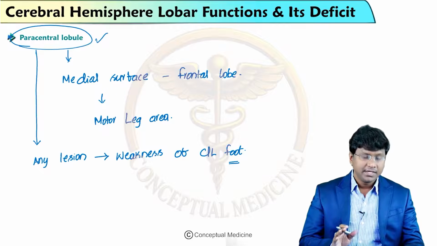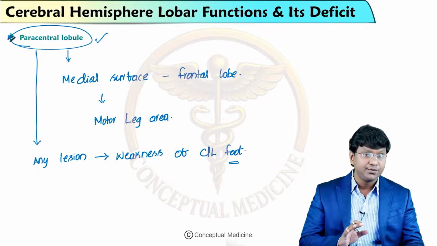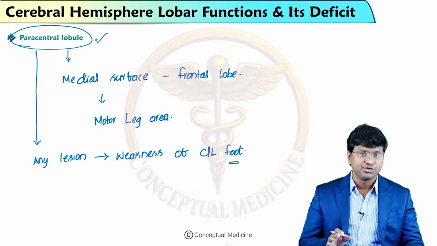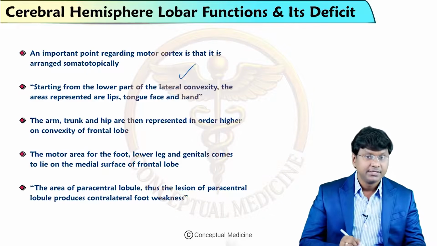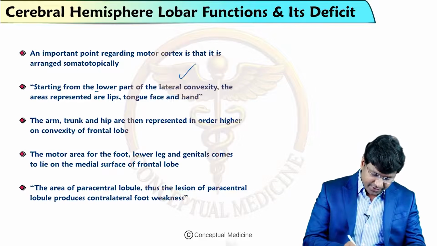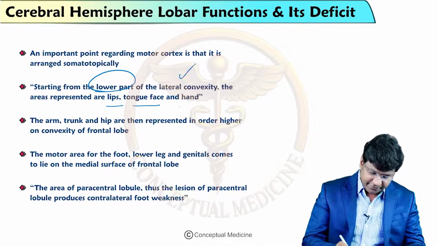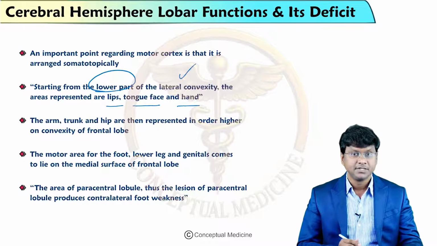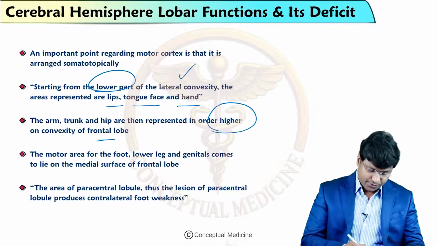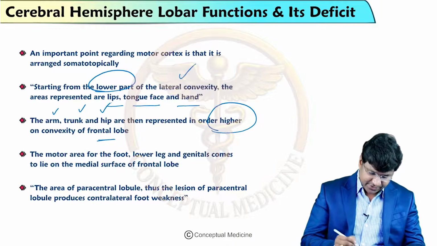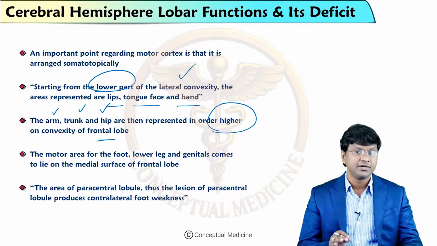Now, I have told you the topographic distribution. Starting in the lower part of the lateral convexity, you have the lips, tongue, face and hand. Higher on the convexity of the frontal lobe, you have the arm, trunk and hip, represented in order.